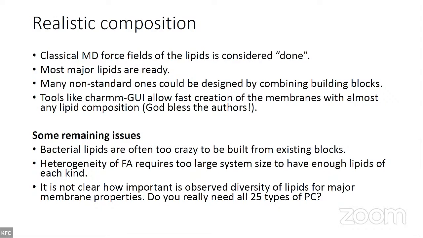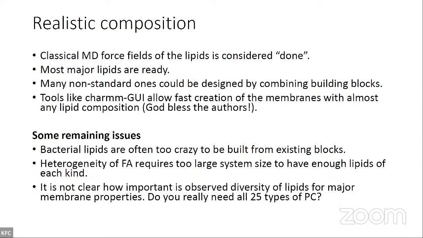But there are some issues, of course. First of all, bacterial lipids. They're too crazy to be built from existing building blocks. So if you're working with bacterial membranes, you end up with the problem of parameterizing the bacterial lipids. After that, there is a problem of heterogeneity of the fatty acids. For example, in a real cell, you have about 25 types of phosphatidylcholine itself.